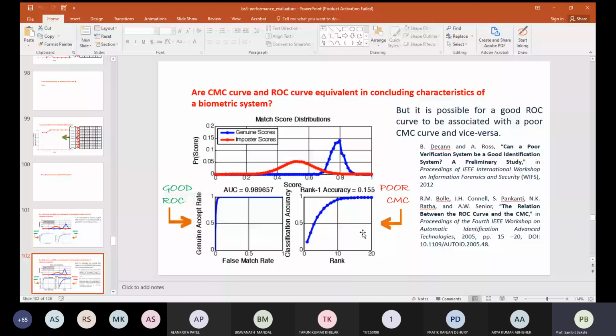How this happens is that you can get good accuracy in verification, meaning your value is above a threshold, but when you are matching with others, all those values might be above the threshold and even more than your value. So that is how CMC and ROC are different, and one being good doesn't imply the other being good.